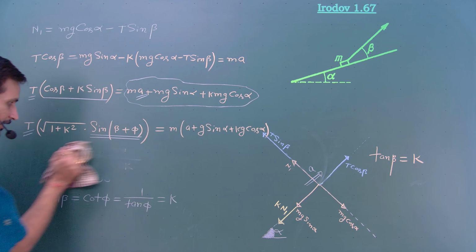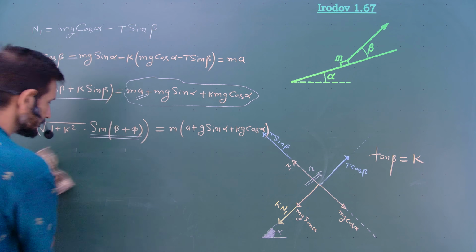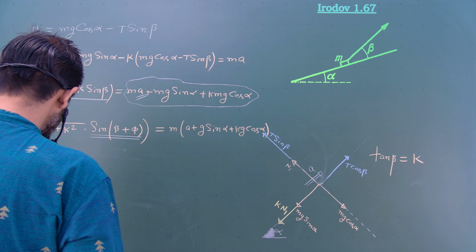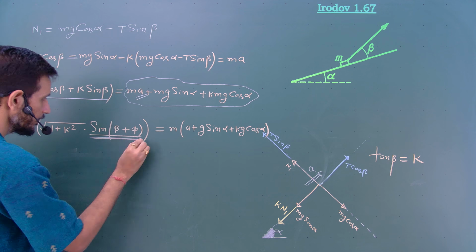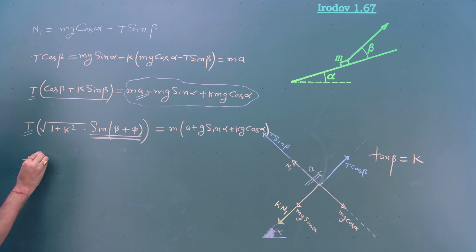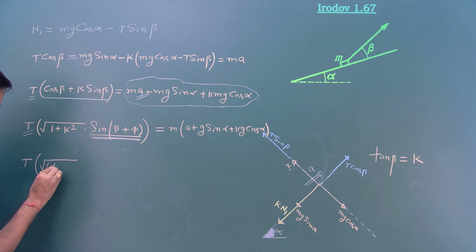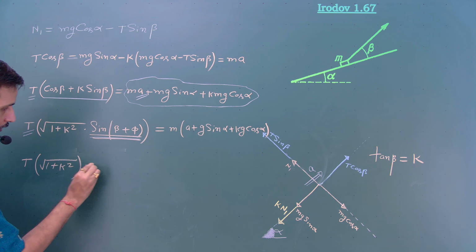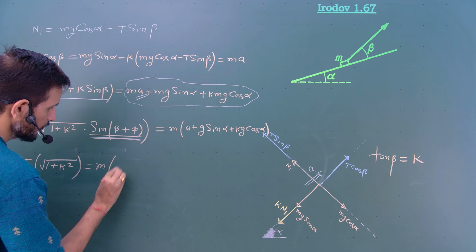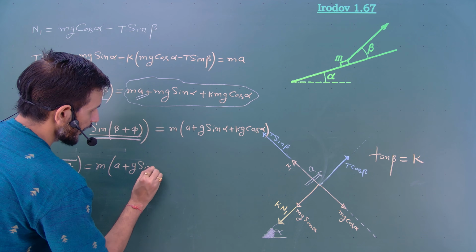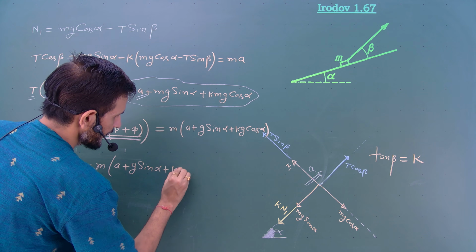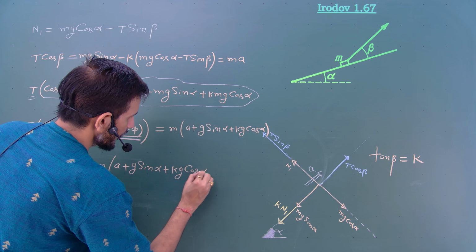Now, what is the minimum tension? So the minimum tension is, this part is 1. So T into under root 1 plus k square should be equal to m into (a plus g sin alpha plus kg cos alpha).